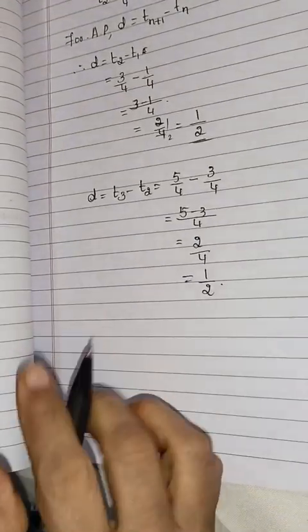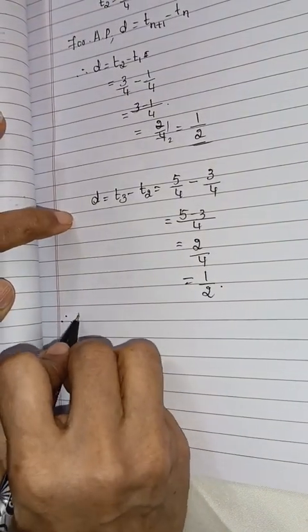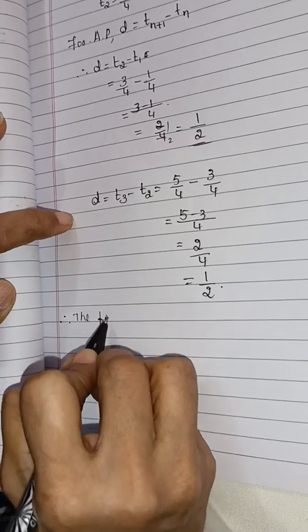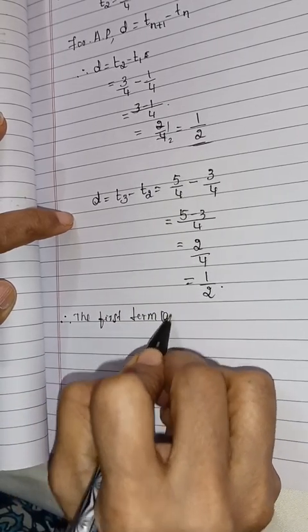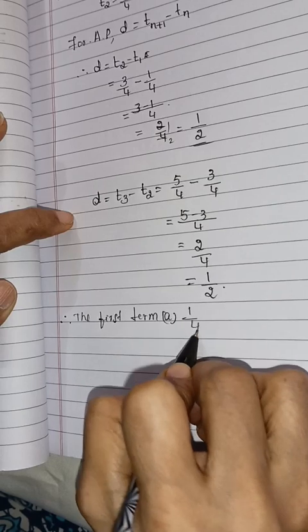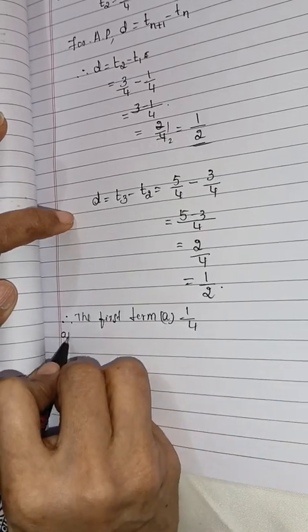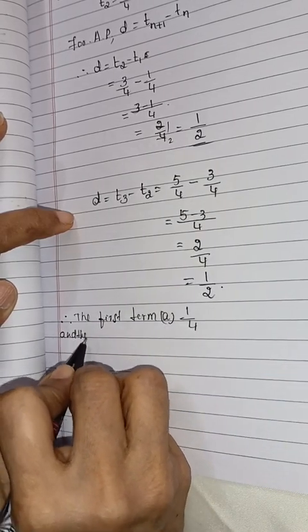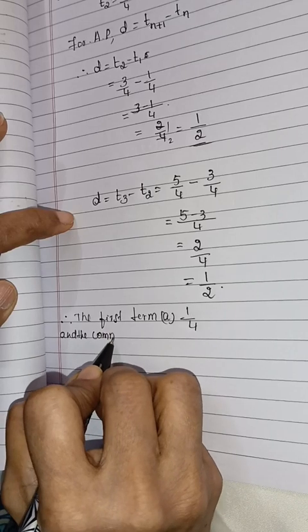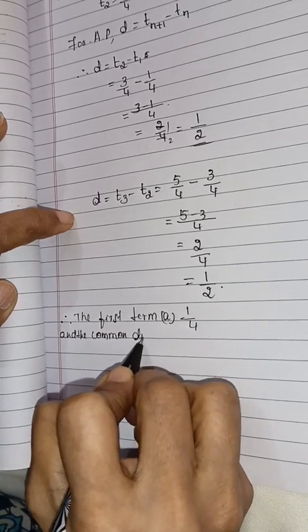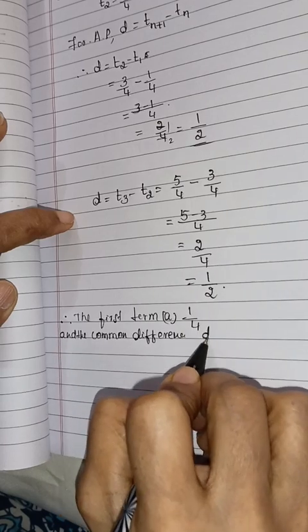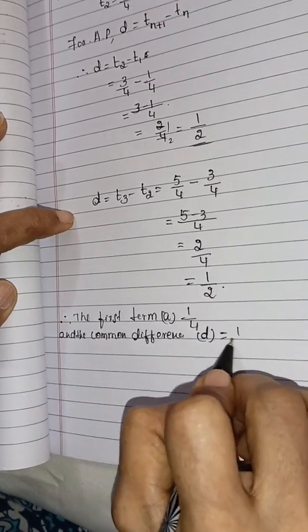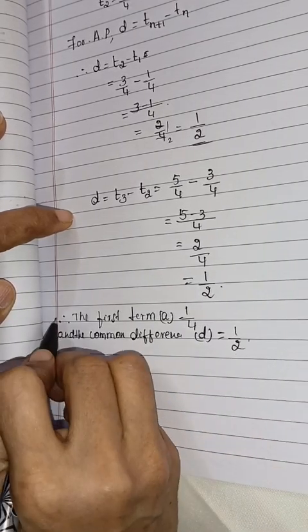Therefore, the first term A is 1 by 4 and the common difference D is 1 by 2.